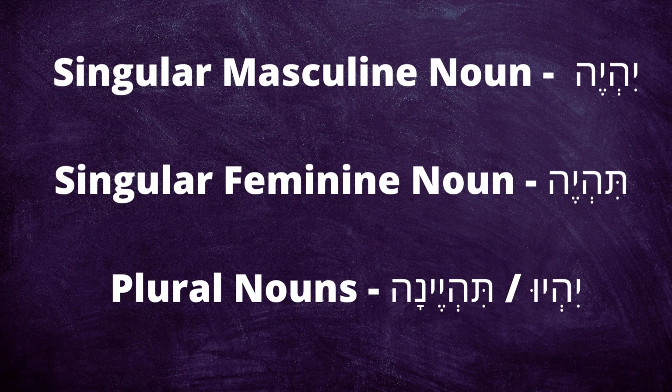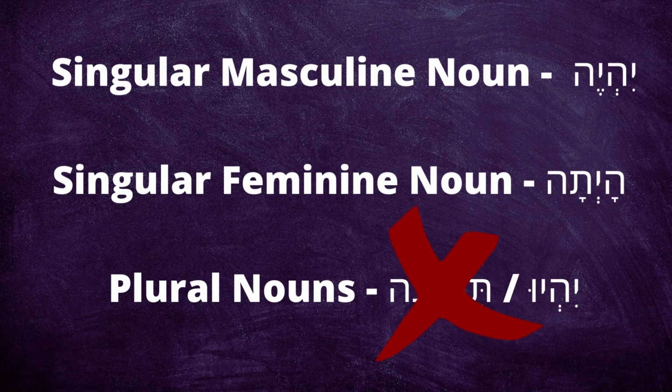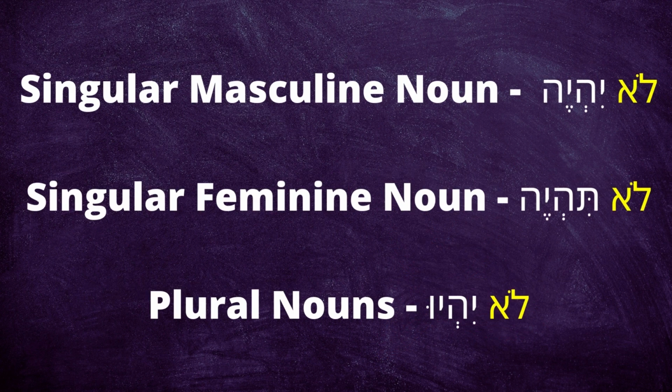Please notice that in modern Hebrew, the future feminine form has become obsolete, and the vast majority of Israelis have stopped using it, aside from the older generation and certain Hebrew teachers. Therefore, it is best if you stick with Yihiyu, both for masculine and the feminine nouns in the future form. As in the past forms, when you need to construct a negative form, simply add the word lo.